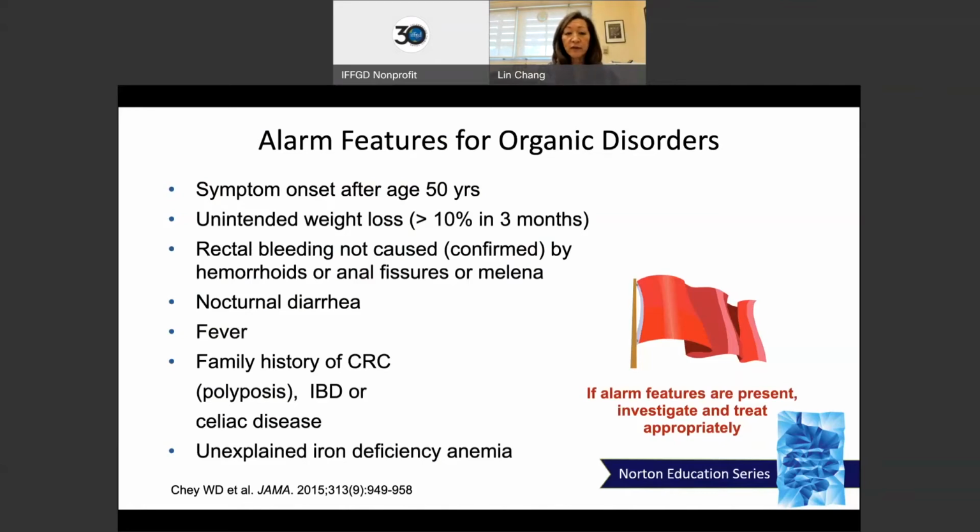Other alarm features are unintended weight loss, so they're not on a diet, of at least about 10% of their body weight in 3 months, rectal bleeding that is not caused or confirmed by hemorrhoids or anal fissures, melena, which is black stools, nocturnal diarrhea, waking up in the middle of the night to have bowel movements, fever, family history of colorectal cancer or polyps, inflammatory bowel disease or celiac disease, and unexplained iron deficiency. Those are the alarm features that may take us down a different diagnostic path than if they didn't have them.